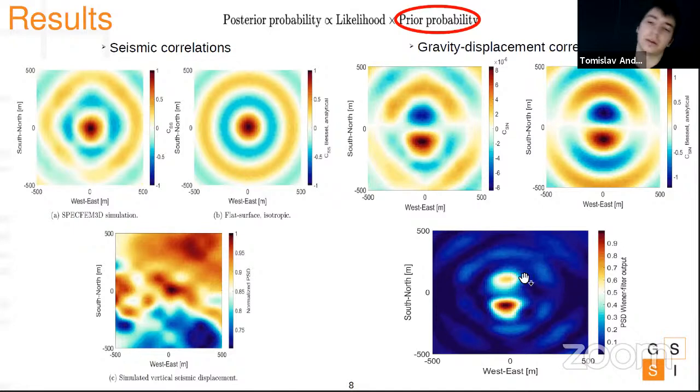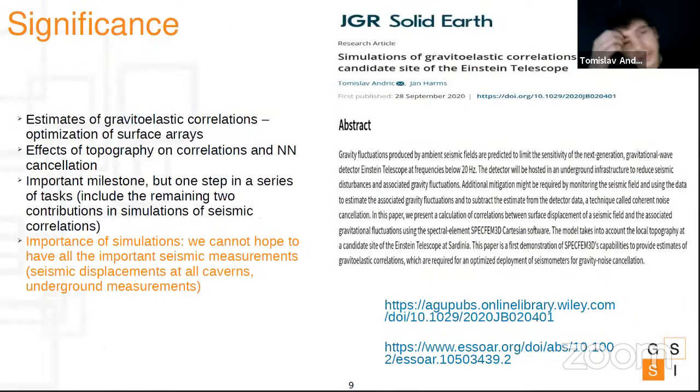But basically the only information that we need for that is their mutual cross power spectral densities, which are provided by Spectrum 3D. And to conclude this part, you saw the effects of topography and correlations on Newtonian noise cancellation in the case of one seismometer.